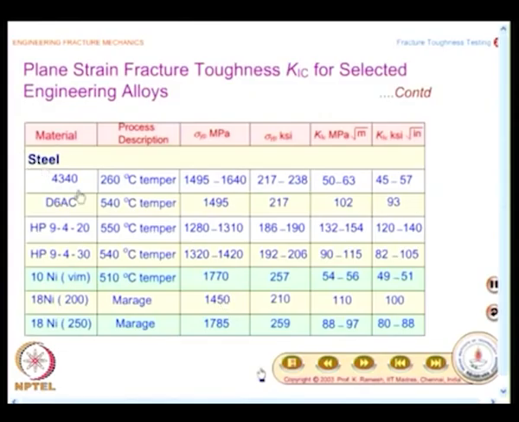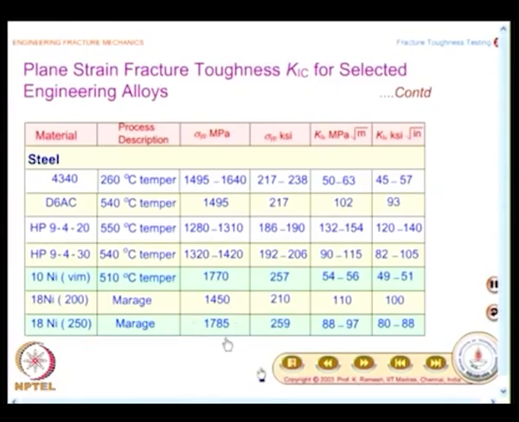For steel 4340, the yield strength is 1495 to 1640 MPa, and the K1C is given as 50 to 63 MPa root meter. Maraging steel is also very important. So, you could write for the other steel when the yield strength is 1785 MPa.